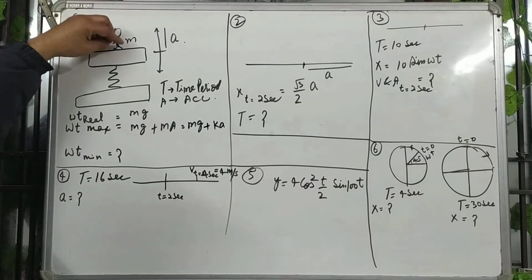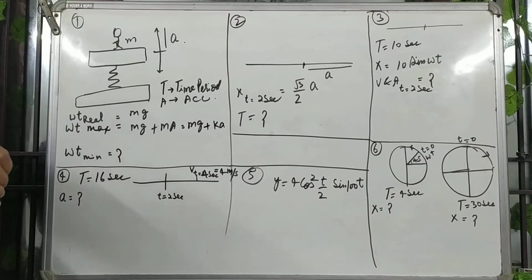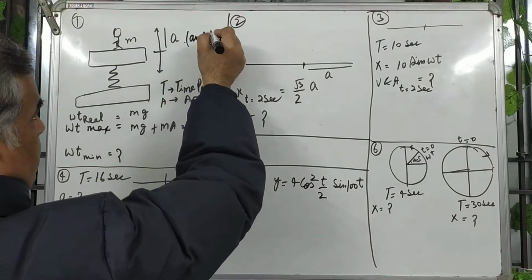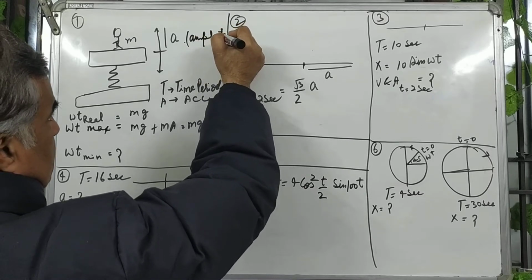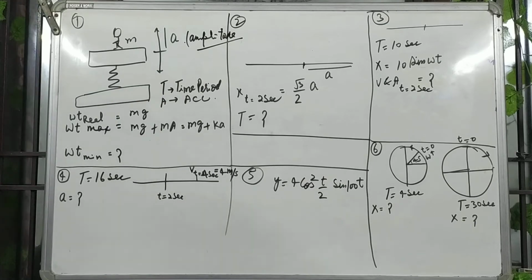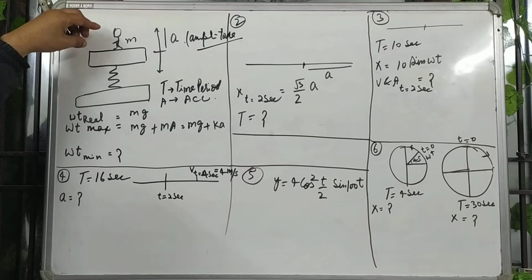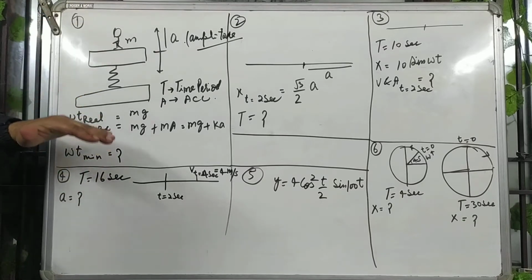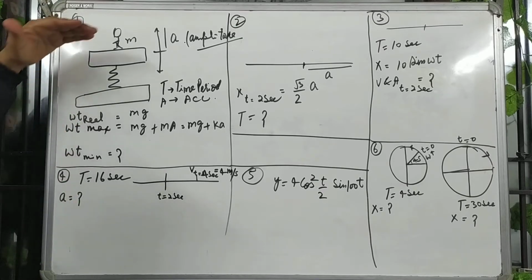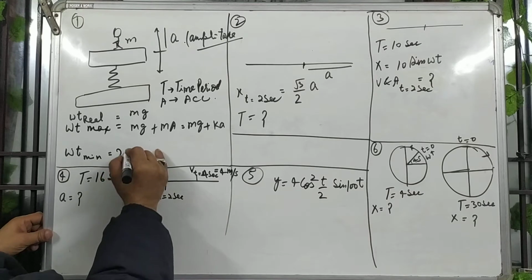And if it is coming downwards, it is compressed by amplitude A. This A is amplitude. At amplitude there will be maximum acceleration. So minimum, when it is compressed, restoring force will be outward, mg is downwards, restoring force upward, so its weight will be reduced.